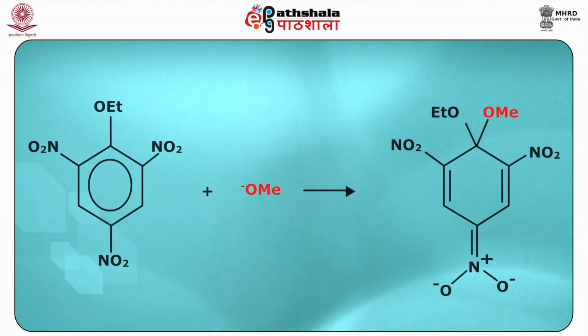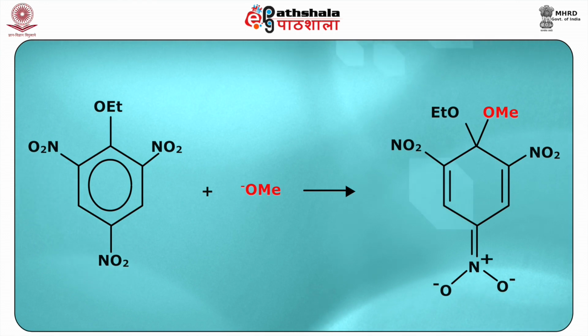Evidence for this mechanism was known as early as 1902, when a stable intermediate for the reaction between 2,4,6-trinitrophenetole and methoxide ion was isolated.